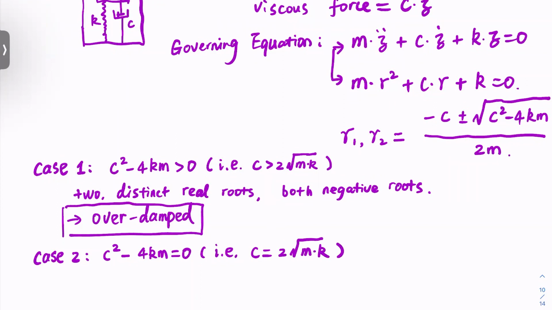You have 2 repeated real roots, right? Any questions of why c is 2 square root mk or km?